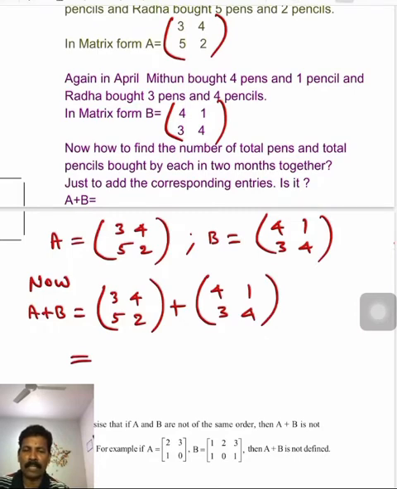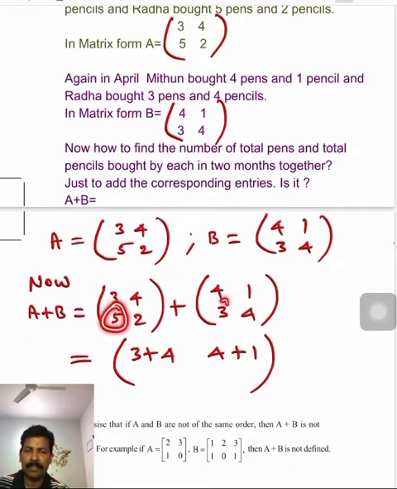We have to add the corresponding elements. 3 should be added to 4, then 4 and 1, 5 and 3, and 2 and 4. Simply just add the corresponding elements, that's all.